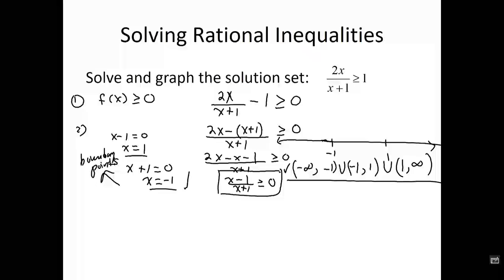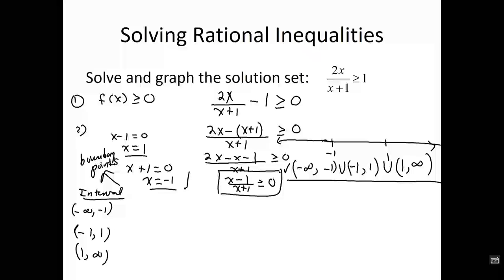All right, so let's see our intervals again. Let's do the same thing that we did before. We have negative infinity to negative 1, the interval from negative 1 to 1, and then all real numbers greater than 1. So these are the intervals.